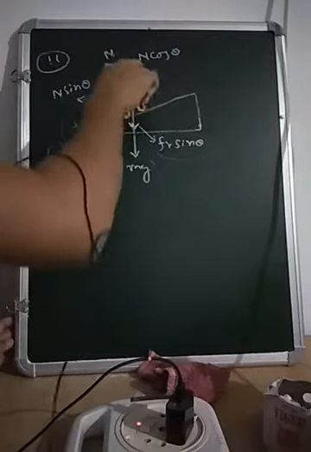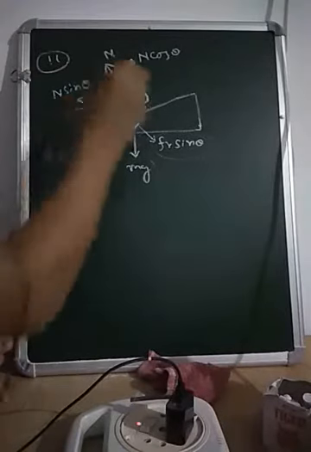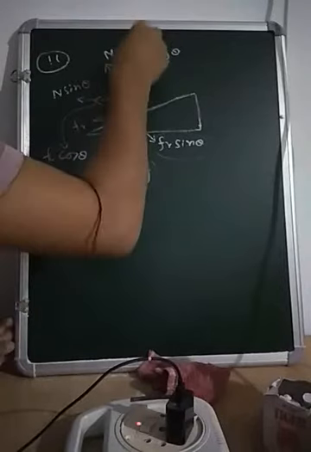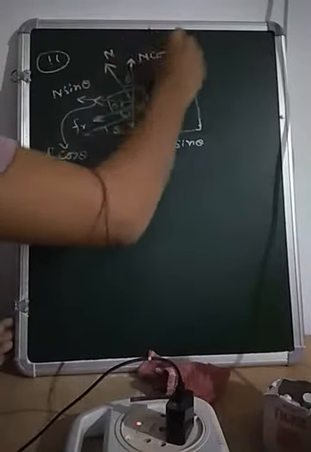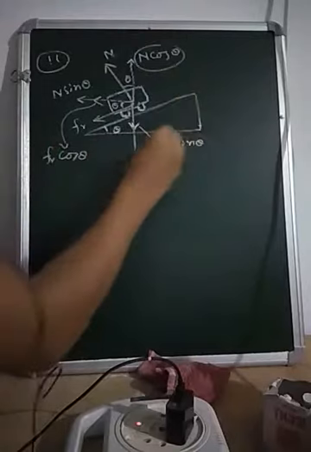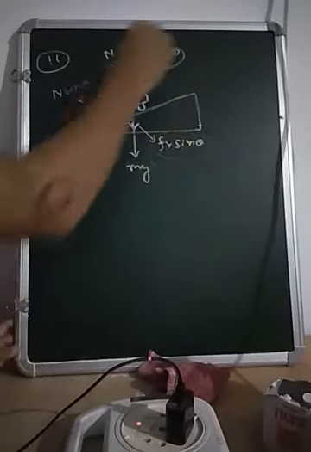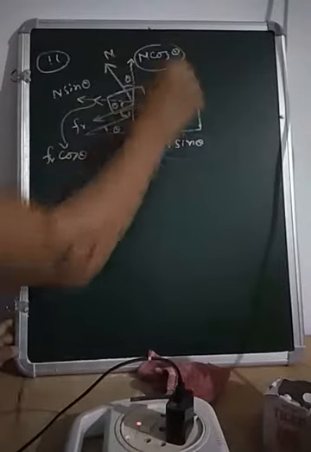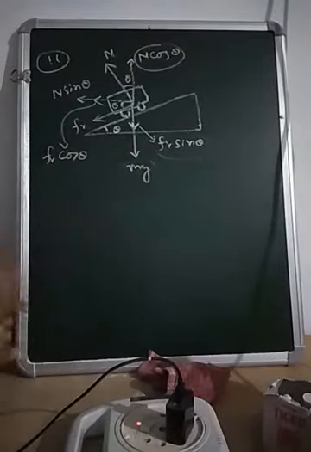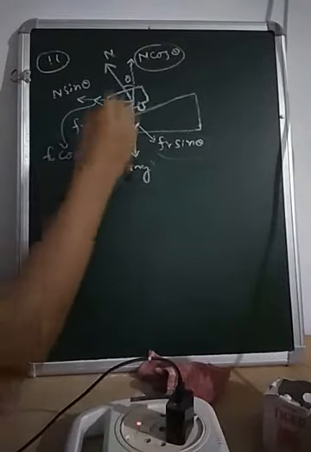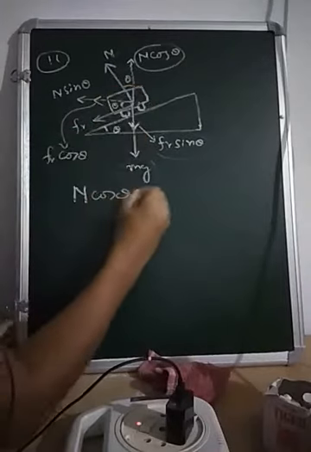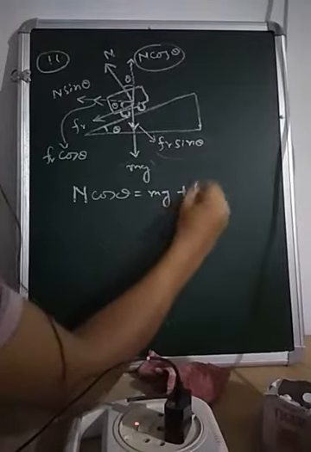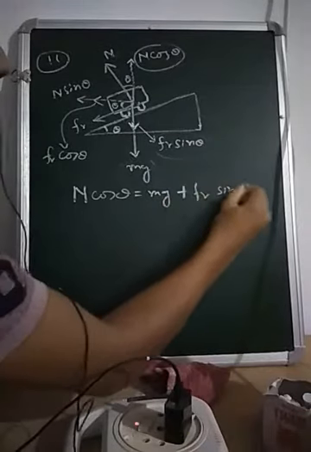There is no movement of the car in the upward or downward direction. So this component N cos theta will balance these two forces. So you can write N cos theta is equal to mg plus Fr sin theta.